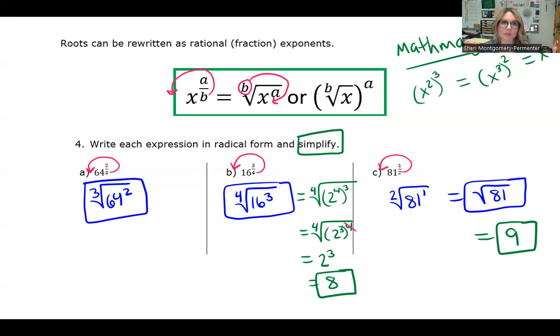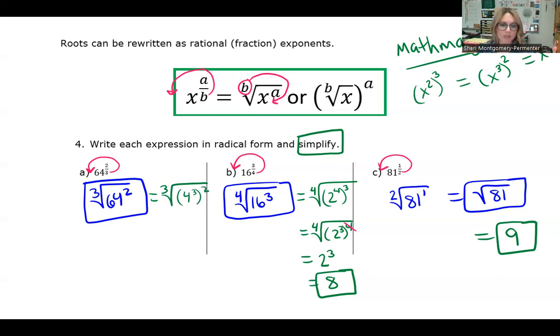We could do that same super fun math magic with the first one. So I can't turn a 2 into a 3, but maybe I can find 64 in the to the third power column. Is there anything that is raised to the third power that would give you 64? 4. So let's try and rewrite it. So 64 is the same thing as 4 to the third power squared.